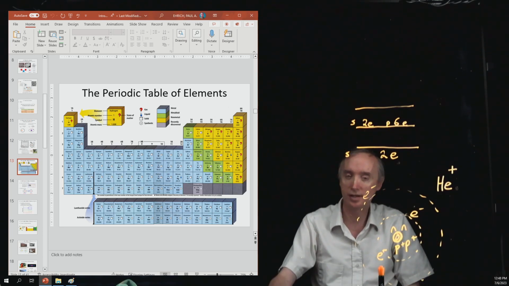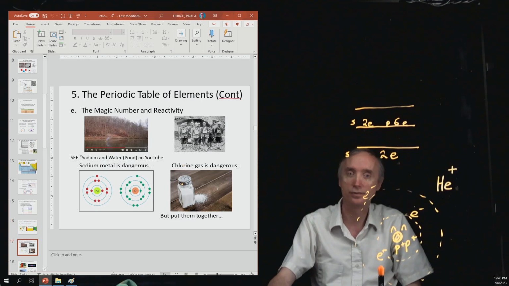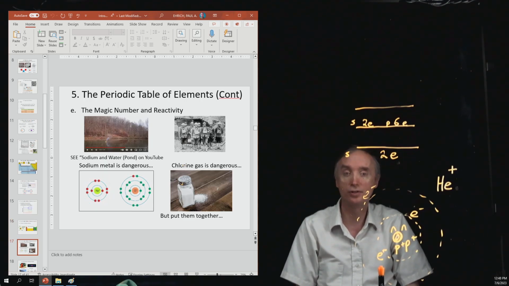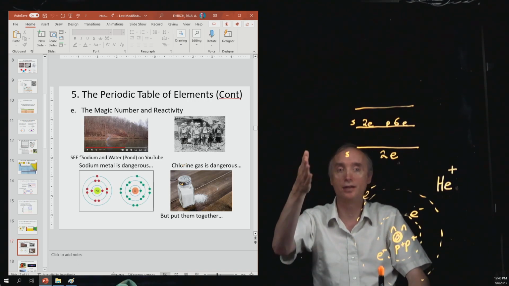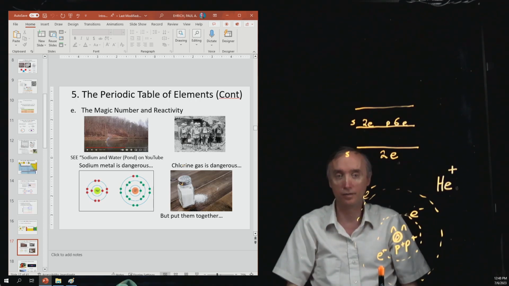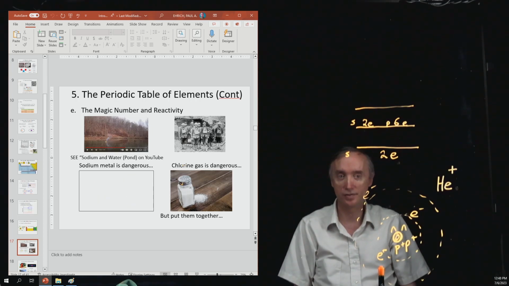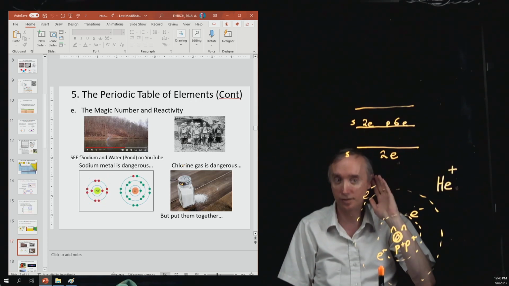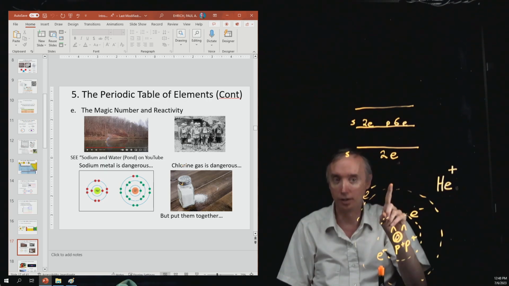So let's take a look at sodium. Okay, so sodium is going to be in column 1. It's over on this side of the periodic table. It's in column 1, so how many valence electrons? 1.